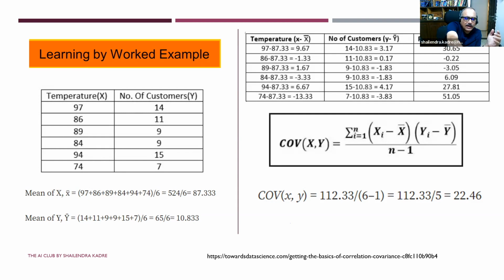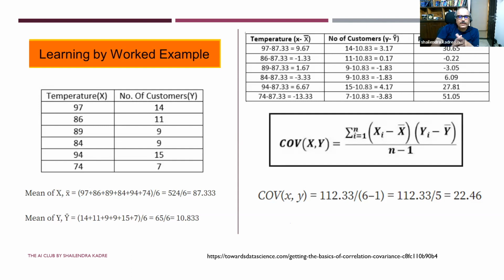So this is Fahrenheit climate data, and then the number of customers. One column is temperature, the other column is the number of customers. So at what temperature, how many customers visited the shop?